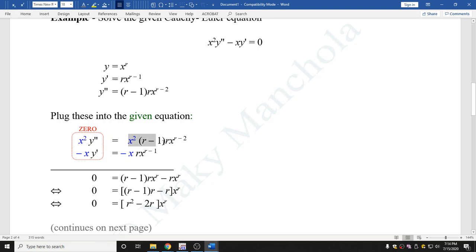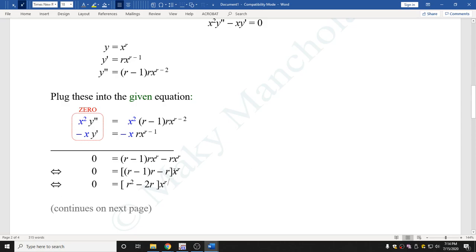So this first row becomes (r-1) r x^r. Then we are subtracting x times r times x^(r-1). Observe that x multiplied by x^(r-1) produces x^r. So we end up with negative r x^r.